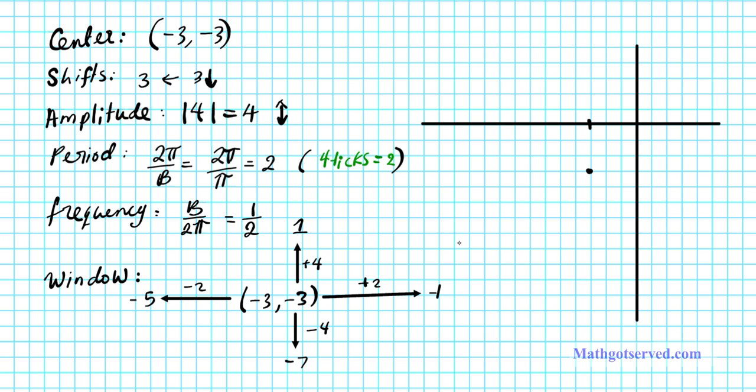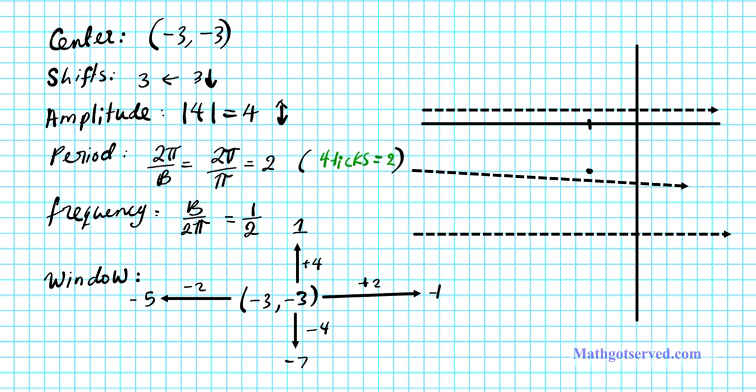Our max is going to be 4 units up. So maximum will be right here. And then our minimum is going to be 4 units down. 1, 2, 3, 4. Down to -7. And then our central position will be right here. Okay, and then this is our new y-axis.